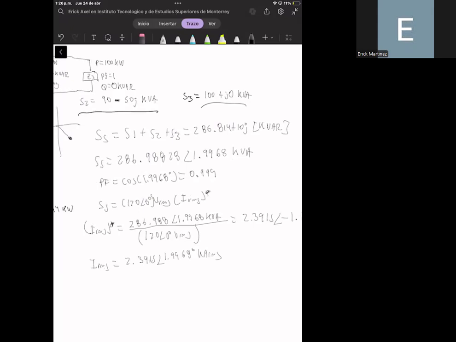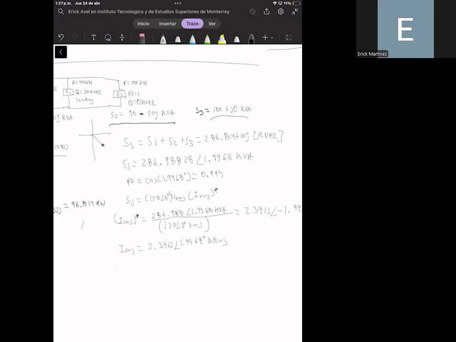And the equivalent impedance can be computed as follows. We can take the RMS voltage and divide it by the RMS current.